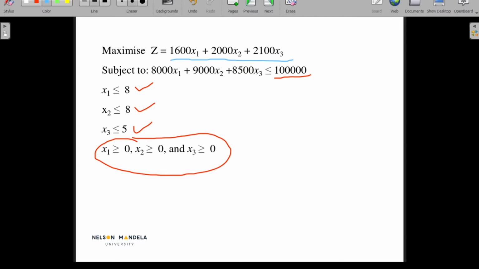In this case, we now have three decision variables, x1, x2, and x3, and it becomes very hard to solve this graphically. So we will not solve this by hand. We will make use of the Solver add-in in Excel to solve this LP problem.